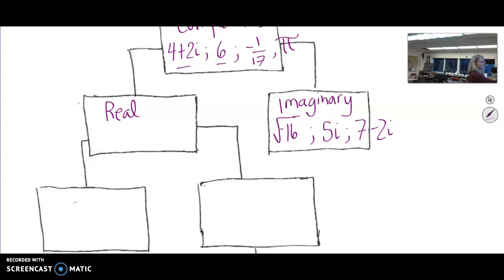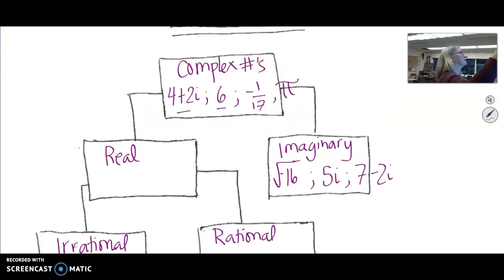So irrational numbers, let's just break this down. We have irrational numbers and we have rational numbers. And then while we're at this, let's look at complex numbers, which are represented with a C with an extra line through it, if you want to learn some shorthand. Real numbers look like that.